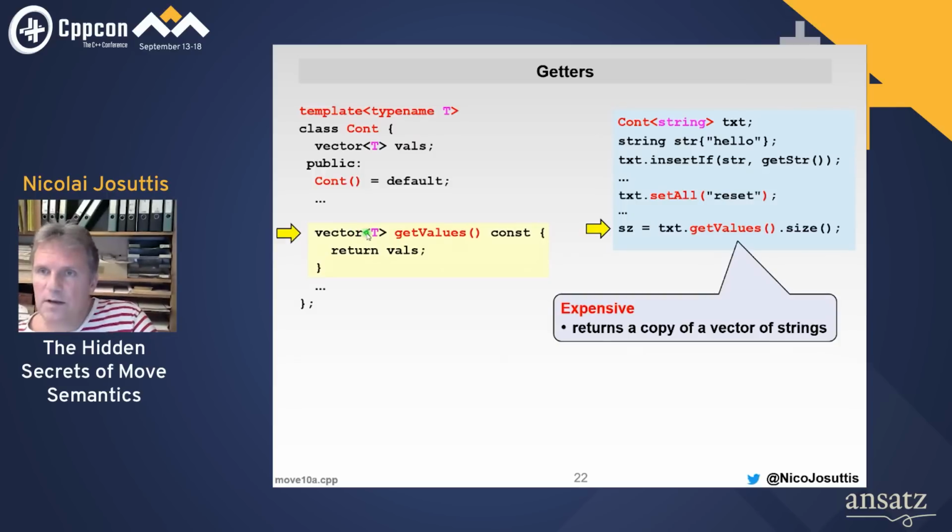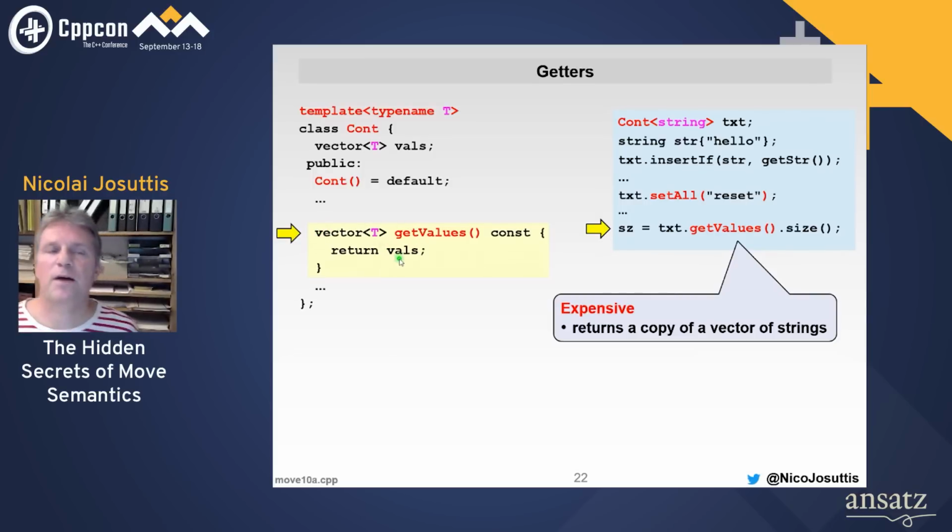So if we do something like this, I want to just know how many elements I have. If this container doesn't have a size function, which it might have, but if you don't have that or need something else, then you would call get values, which gives you back this by value.